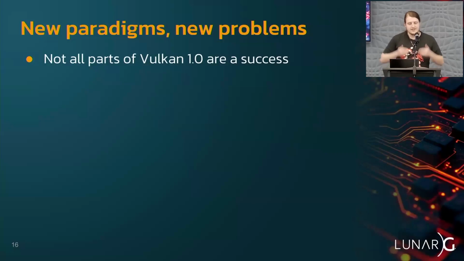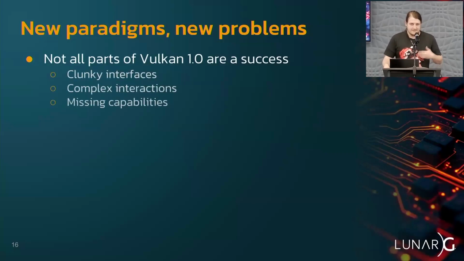The first version is the first version and it gets better over time, but it was the first version. I mean, there were lots of clunky-ish interfaces. There are lots of interactions that I'm sure the working group thought about, but when you put it into the hands of the users, then you find out all the actual interactions that matter are not as obvious when you're just writing the spec. And there are some missing things, but that's not as big of a deal because you can add them back in, which is what has happened.